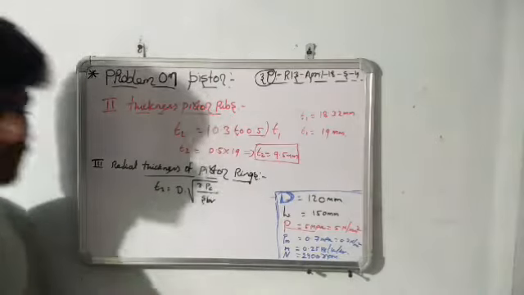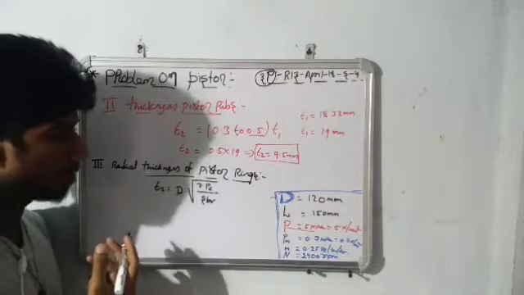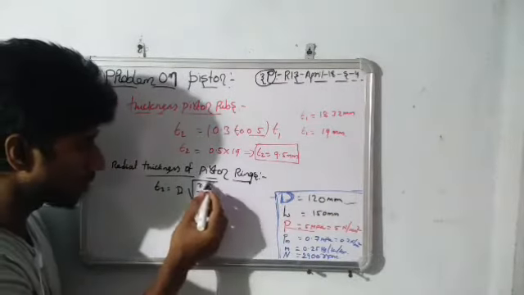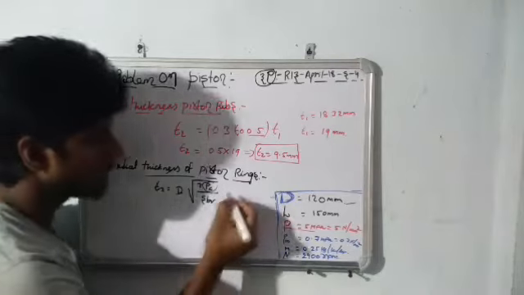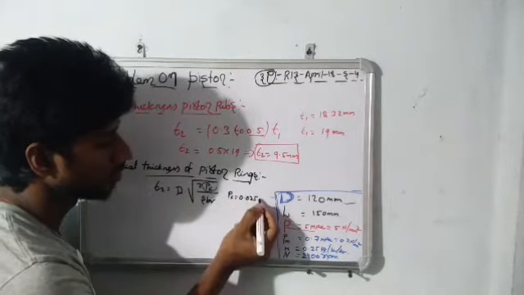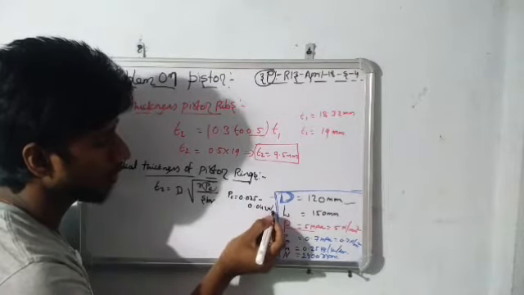See this one. Here we know what D is, that is the cylinder bore or diameter of the cylinder, equal to 120 mm. Here we don't know what PC is. That PC is a standard value, 0.025 to 0.042 Newton per mm square.